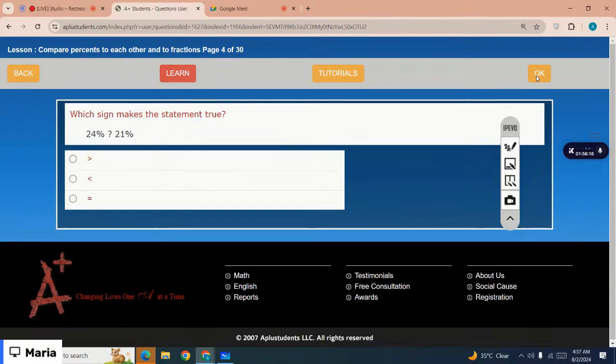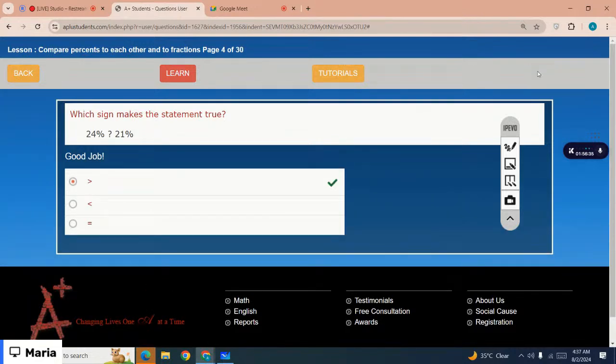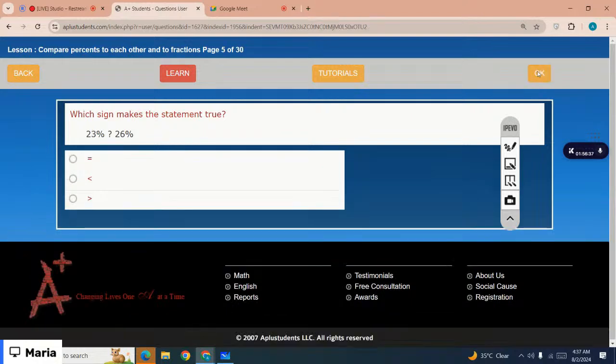Which sign makes the statement true, 24% and 21%? So which is the correct option? 24% is greater than 21%, right? Greater it is. Which sign makes the statement true, 23% and 26%?